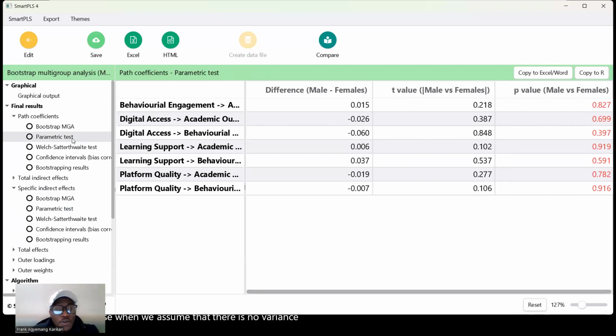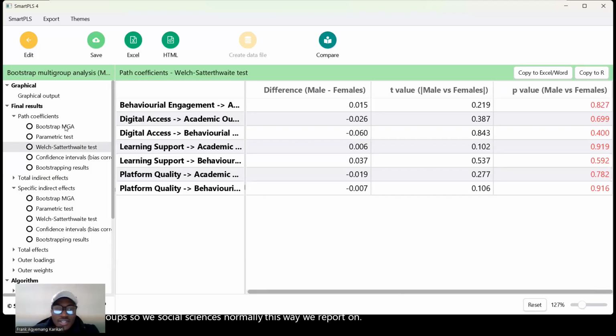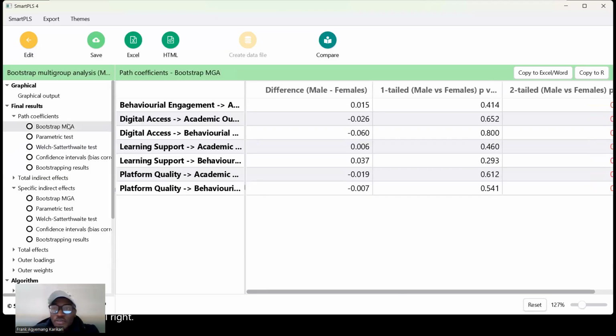But when we assume that variance exists between this group. But in social sciences, we normally use the Welch substitute test. And this assumes that there is no variance assumed between the two groups. So with social sciences, normally this is what we report on. All right. This is what normally we report on.